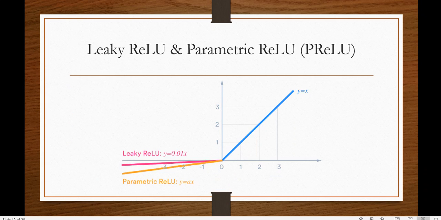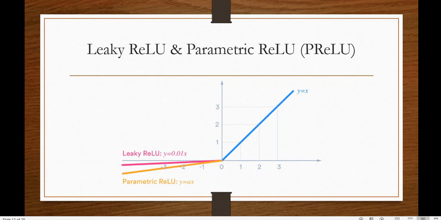Okay, so the first two are leaky ReLU and parametric ReLU, or PReLU. What is the difference from the basic version? You can see here that in the positive axis it remains the same, that is y equal to x, but in the negative axis, if you follow the leaky ReLU line, the pink line, you can see earlier it was y equal to 0, right?